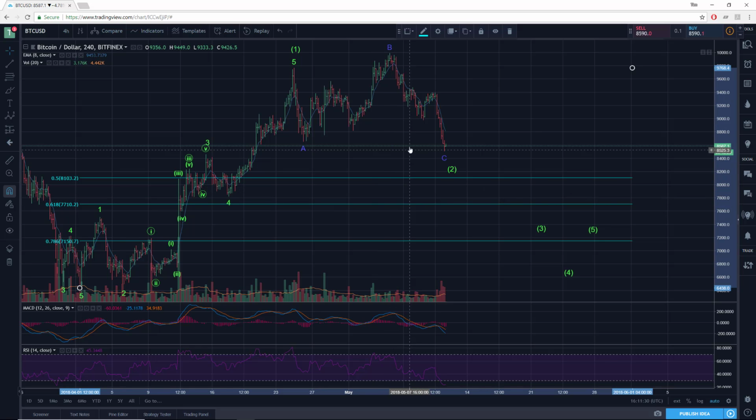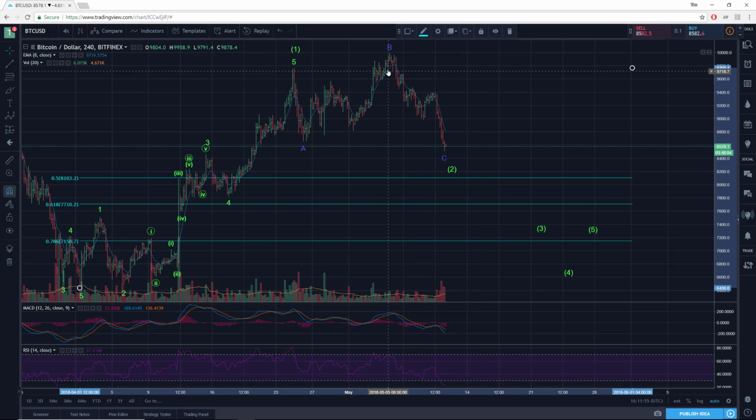And nothing says you have to go that deep either, but just levels to be looking for. Right around that 50% retracement, I kind of like that. That's probably a good place to look for some reaction. It could bounce up any time here, but just some levels to be looking for.